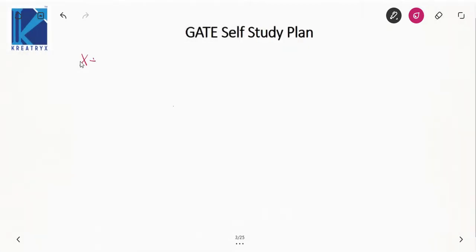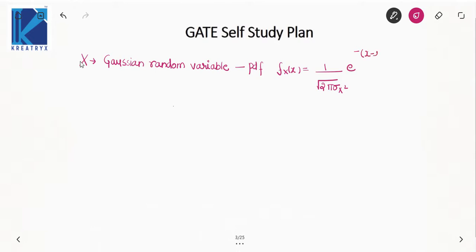Let us assume that x is a Gaussian random variable and it has PDF fx of x, and we know that the Gaussian PDF is 1 upon root 2 pi sigma x square e power minus x minus mu x whole square divided by 2 sigma x square. Now we have to write y as a function of x.